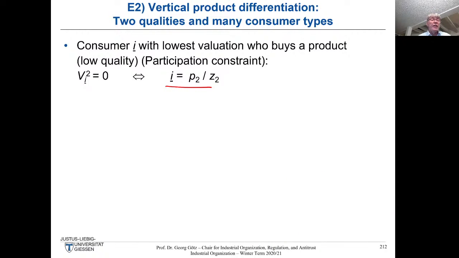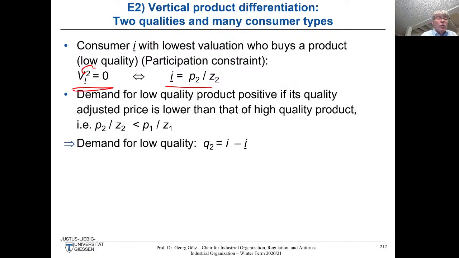The respective condition, as I told you already, is that the indirect utility is 0, and of course in the case I drew, it's just here for product 2. And what we saw if we solve this is that I lower bar is equal to P2 over Z2.